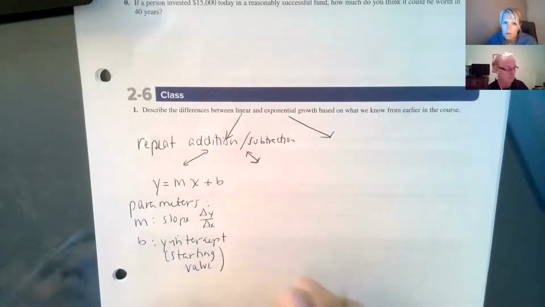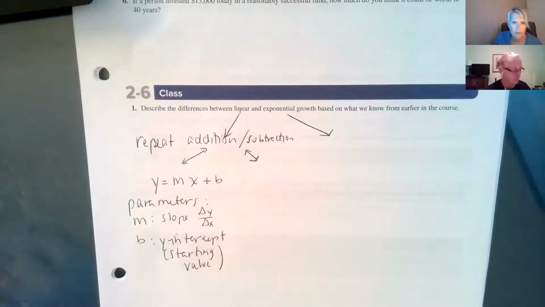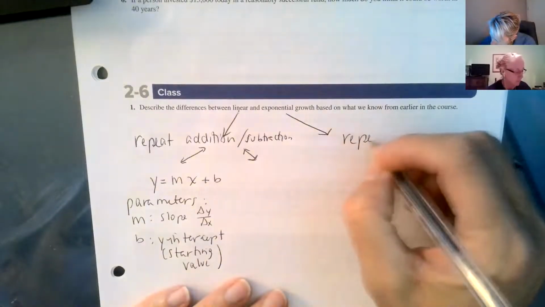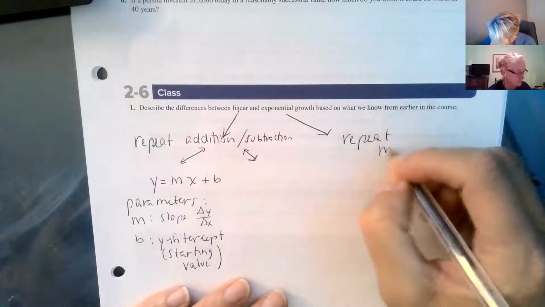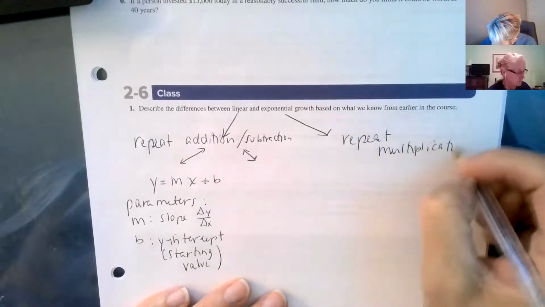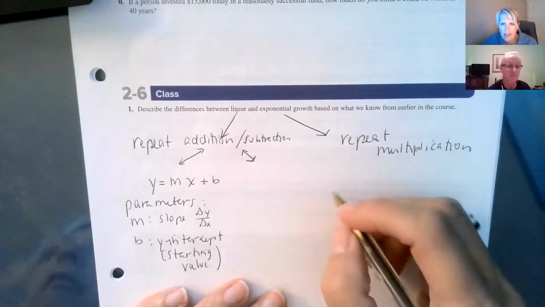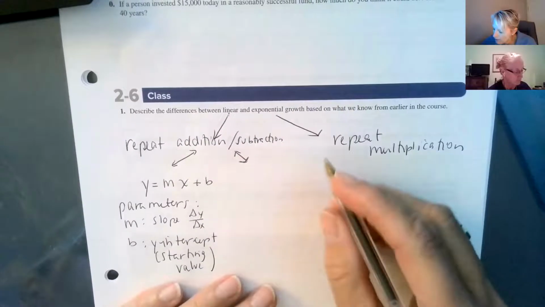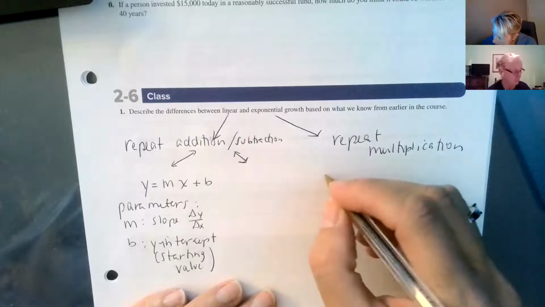And what do we remember, the little bit that we did, about exponential growth? What do we remember about that? That's repeat multiplication. Yep, so that's repeat multiplication. And we did kind of put an equation together when we learned about the compound interest.